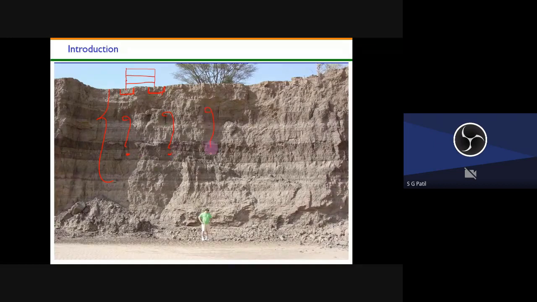How can you do this? Either you excavate a trial pit, excavate the soil and look for yourself, or you drill a borehole, maybe around 100 to 150 mm in diameter.